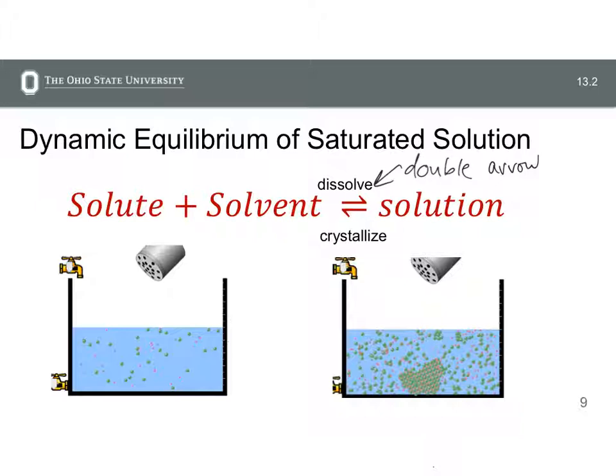It means that we have the reaction occurring in the forward direction, and we have the reaction occurring in the reverse direction. So we have solute and solvent combining to form a solution, and we have solution precipitating essentially and forming solute plus still solvent. It's a weird, very general equation, because you don't really form more solvent, right? But you do form that solute back again.